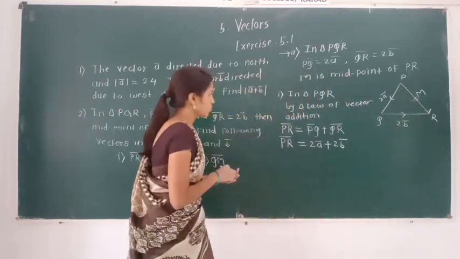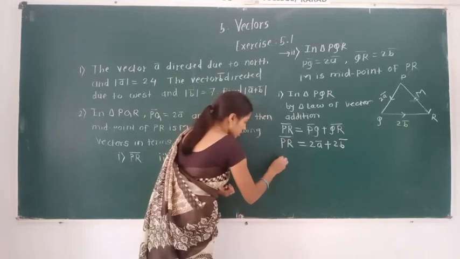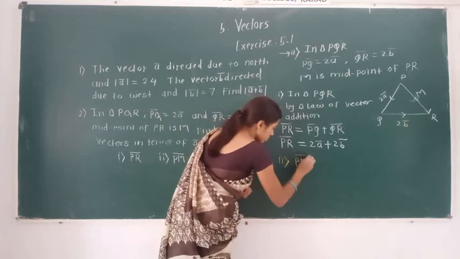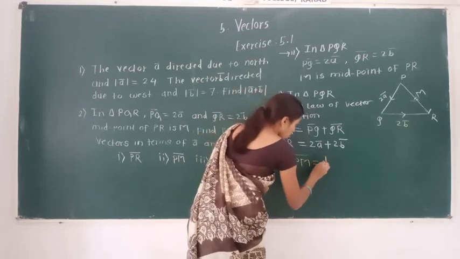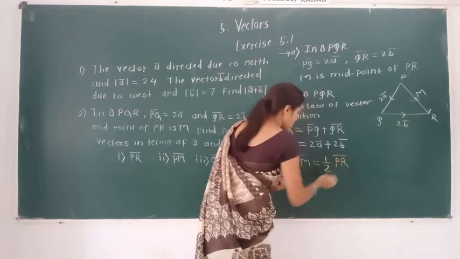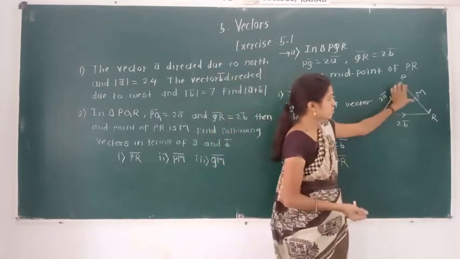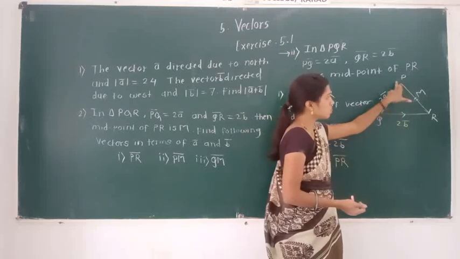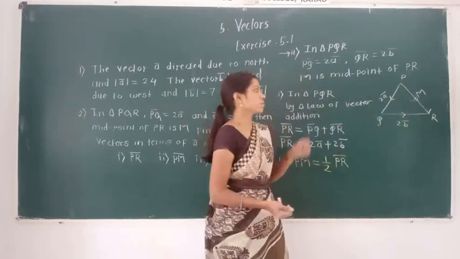So we write here PM bar is equal to half of the PR bar, because M is the midpoint of PR bar.